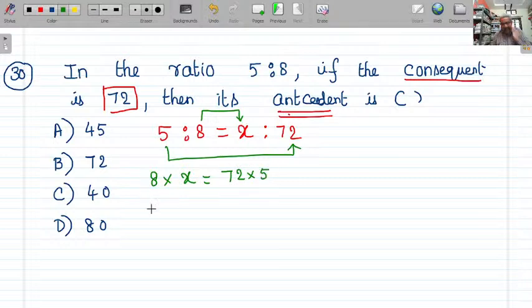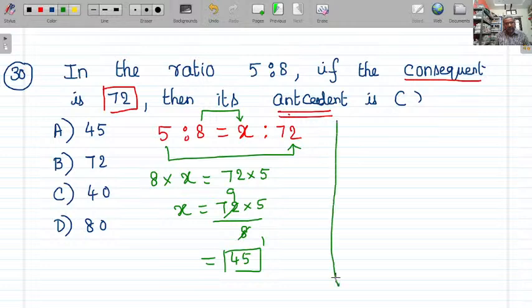So x is equal to 72 into 5 upon 8. 8 nines are 72, so that is 45. Clear?